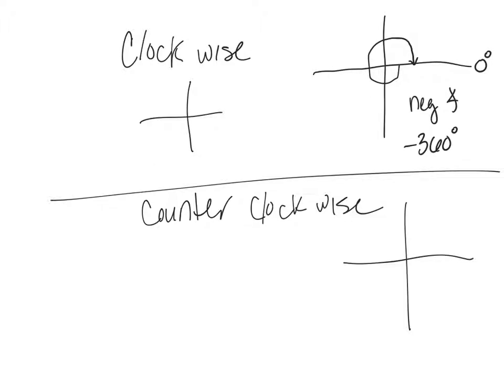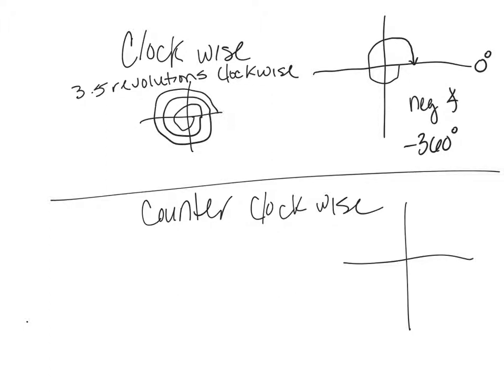If you're going, let's say, 3.5 revolutions clockwise. So you're going clockwise 3, so it's 1, 2, 3, and then a half.